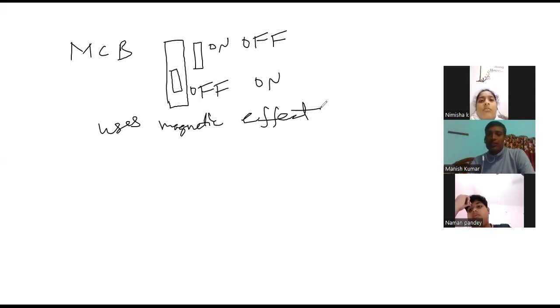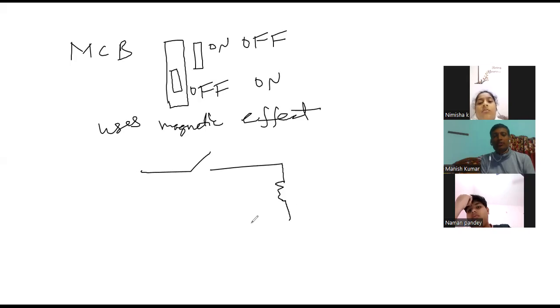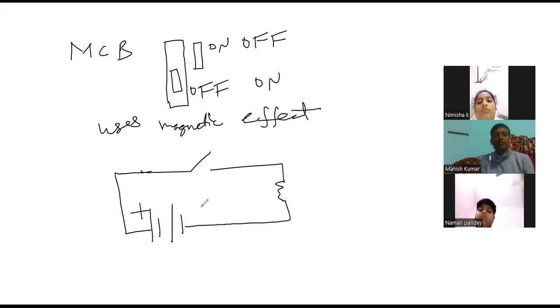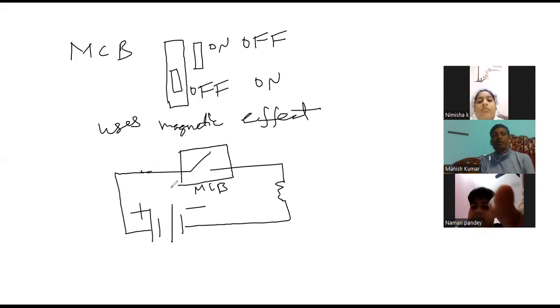Okay, and if there is a circuit like this, we used to draw a switch here, and there is a resistive network, and here there may be a power supply, and this is connected like this. This is plus and this is minus. Now you can imagine this as the MCB.